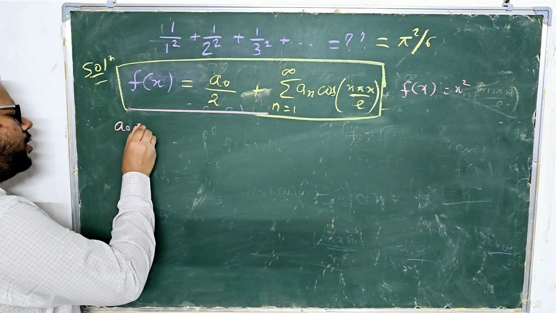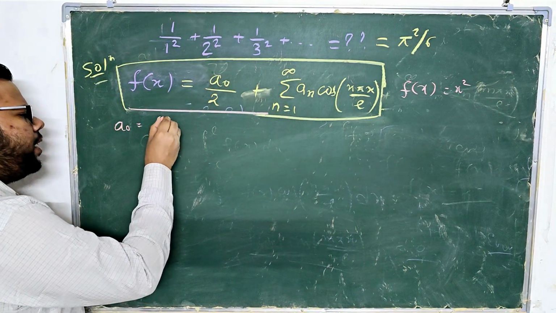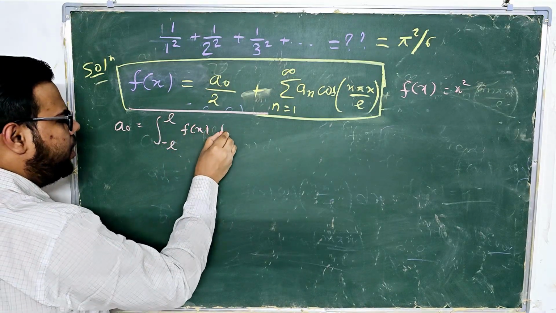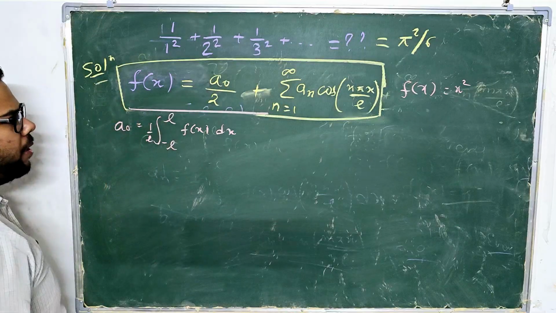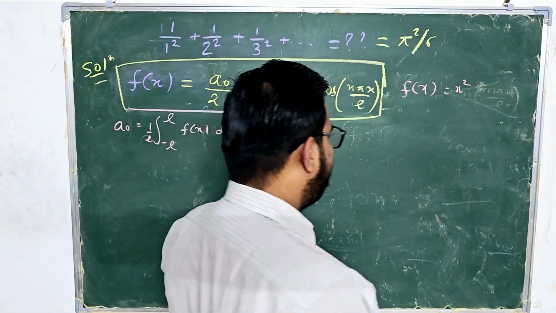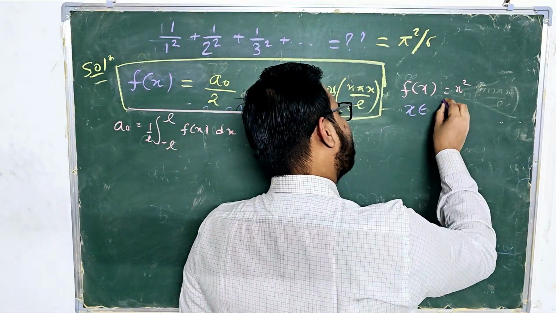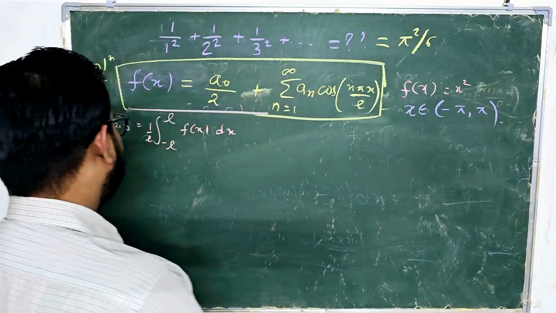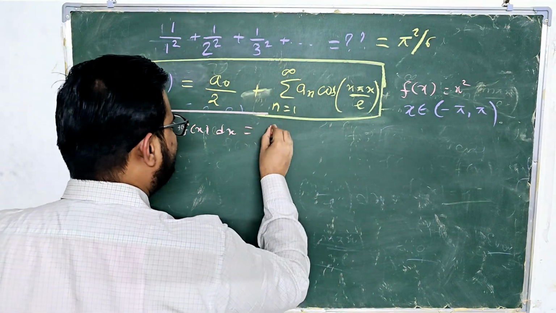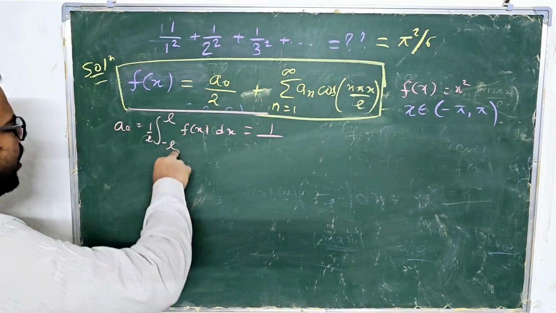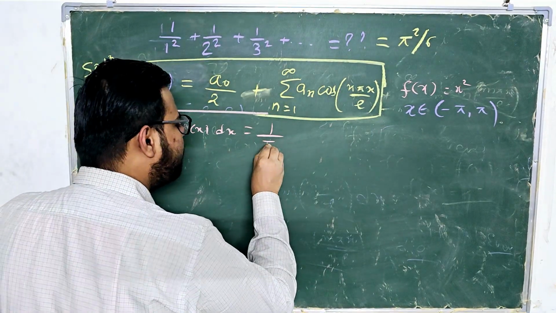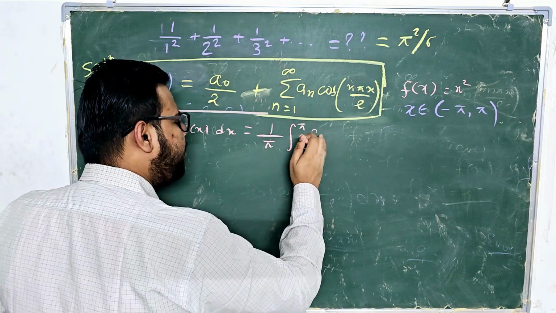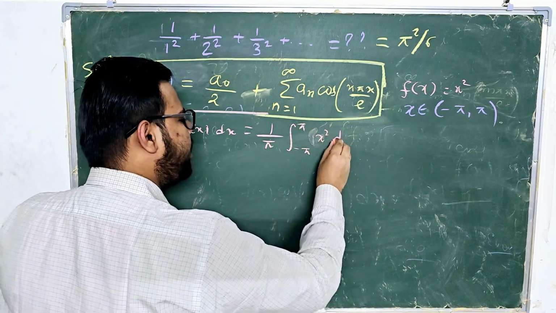So a naught is the integral from negative L to L f(x) dx and 1 upon L. Let's assume that x is varying from negative pi to pi. Correct? So what will you get? You will get 1 upon L, and L will be equal to pi. So 1 by pi times the integral from negative pi to pi of f(x), which is x square, dx.